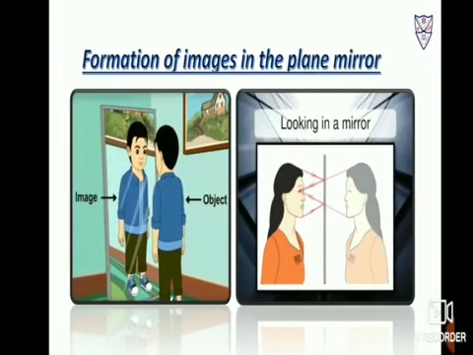Now students, let us discuss the formation of image in the plane mirror. When you see your image in the mirror, that image is falling behind the mirror, not on the mirror. If we move towards the mirror, our image will also move towards the mirror, and if we move farther away from the mirror, our image will also move away.